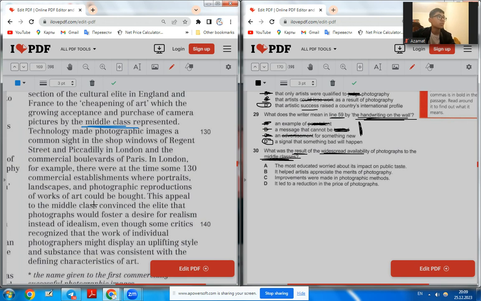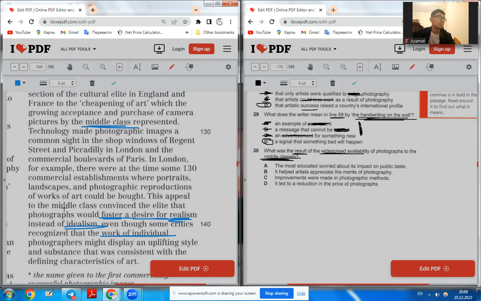This appeal to the middle class convinced the elite that photographs would foster a desire for realism instead of idealism. Even though some critics recognized that the work of individual photographers might display an appealing style and substance that was consistent with the defining characteristics of art.